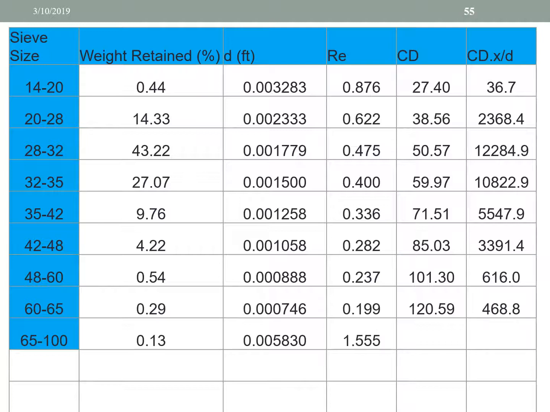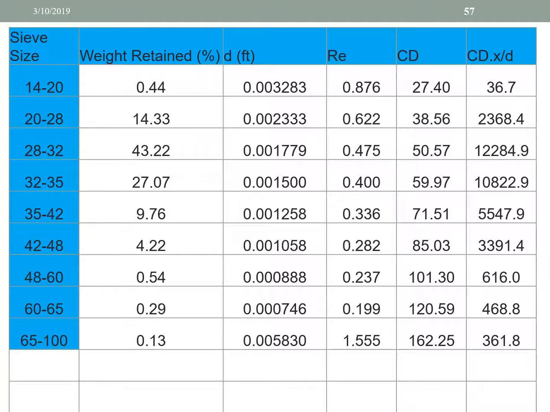And then the Reynolds number you find is 1.555. As you see here, now that's changed. If it is larger than 1, you find your CD and then calculate, and the number will be 361.8. But check this number. If the Reynolds number is larger than 1, you need to change your formula for CD.